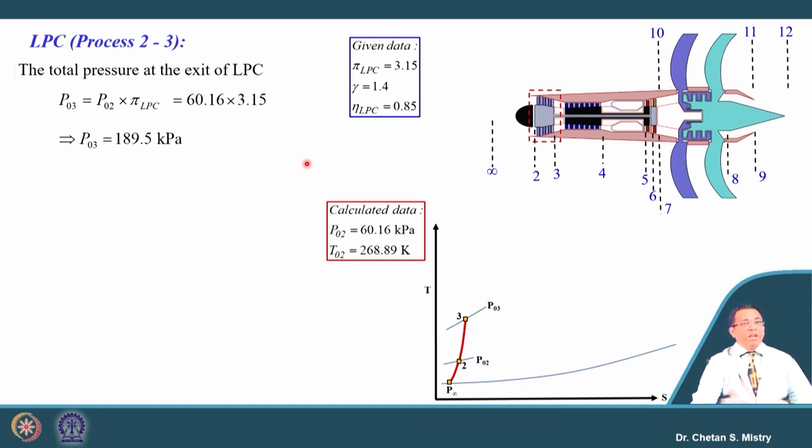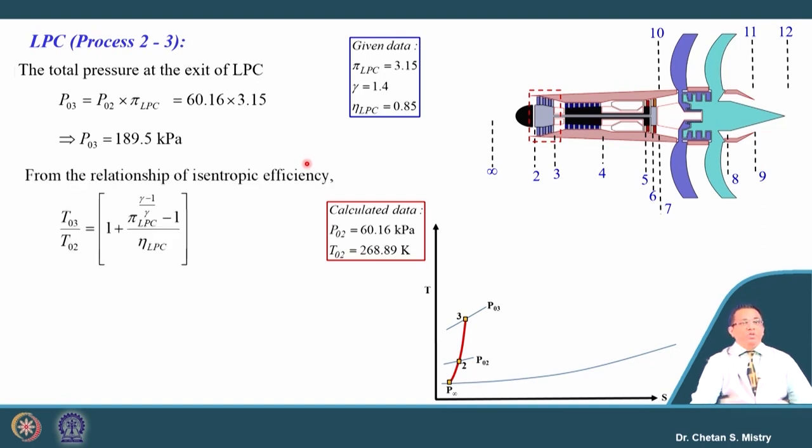We can correlate our temperature with the pressure ratio as well as the efficiency, so let us put that equation. If we have the pressure ratio and efficiency, we can calculate our outlet temperature from the LP compressor, and this temperature comes to be 391.61 Kelvin. Be careful in terms of unit.